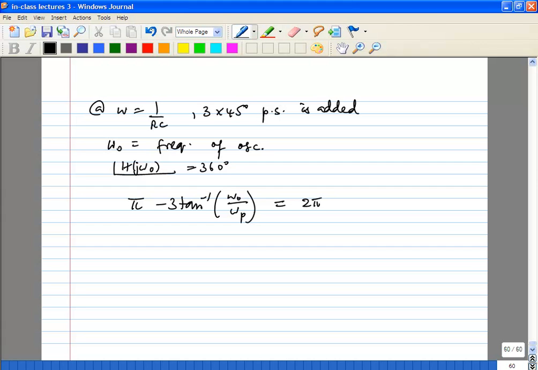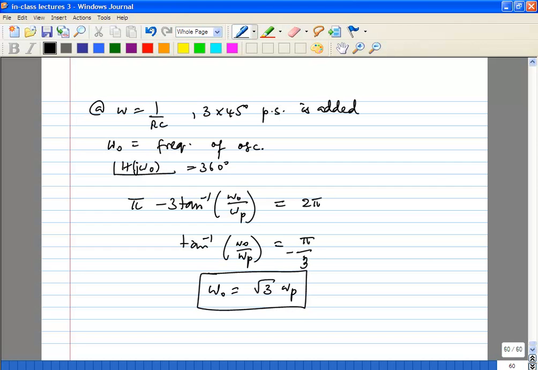Is that clear to everyone? Yeah, okay. So you get omega naught to be root 3 times omega p, because pi by 3 is root 3 over 2, and then half, so it will give you root 3.